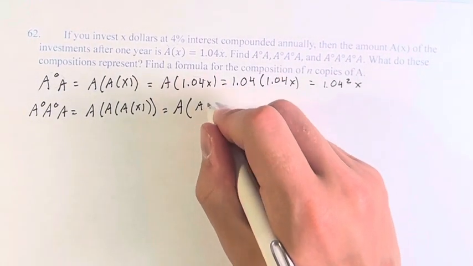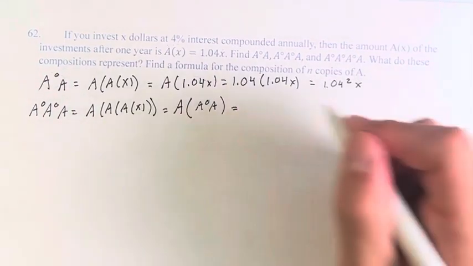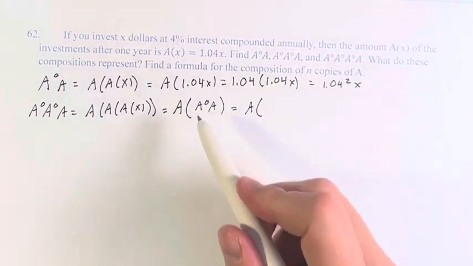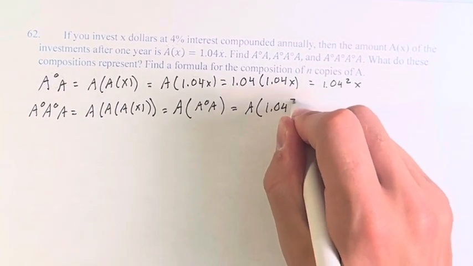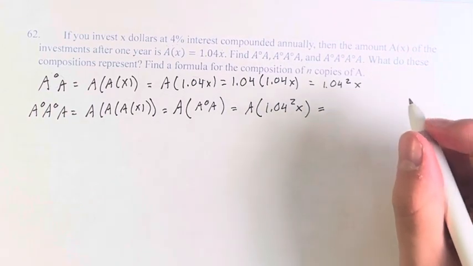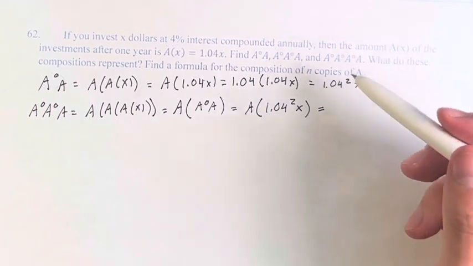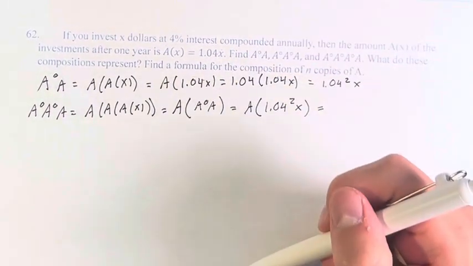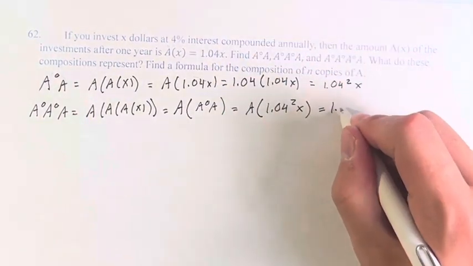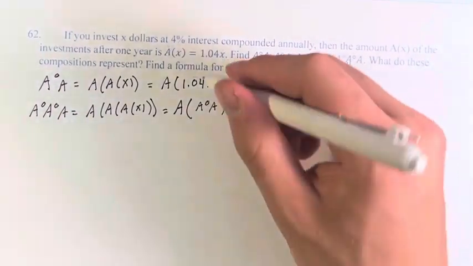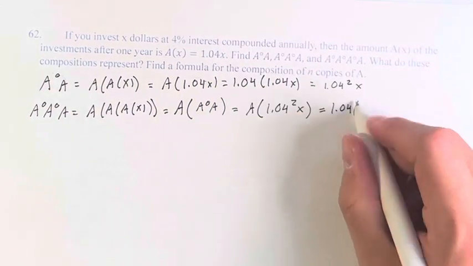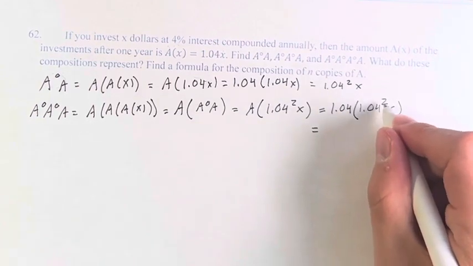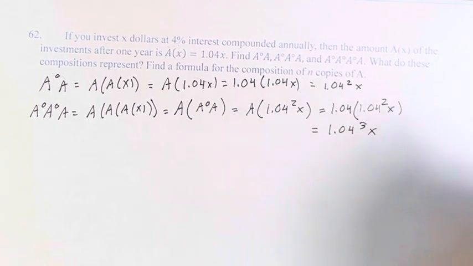So this is A of A, which we found is A of, plugging this in now to A. Like I said, we're just plugging new things into A. 1.04 squared times X. All we have to do here is now plug this in for X in A. So this is 1.04 times this thing, 1.04 squared times X. This is equal to 1.04 times 1.04 squared, 1.04 cubed times X.